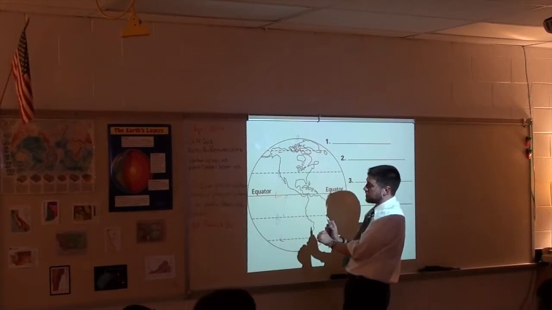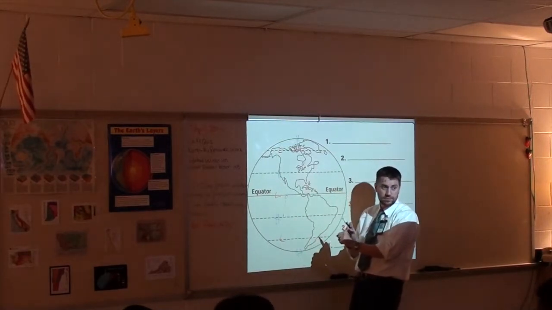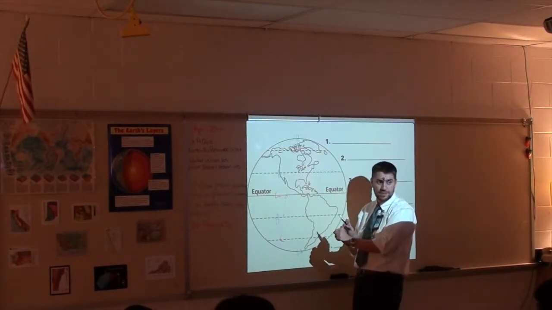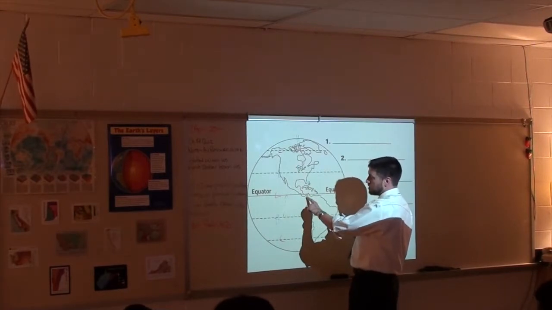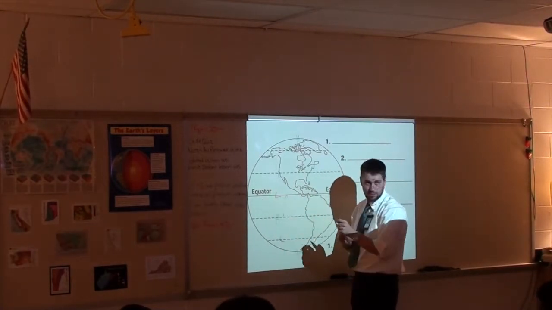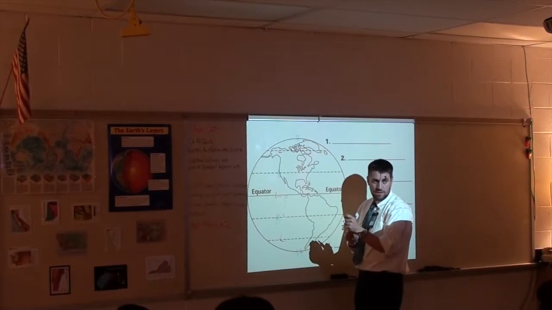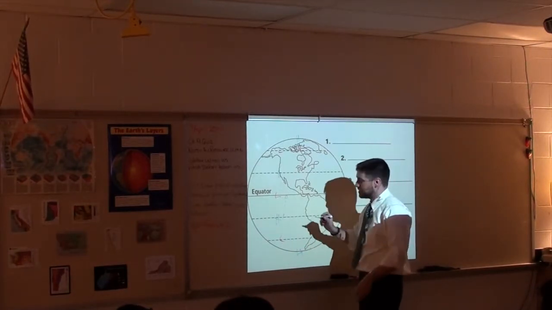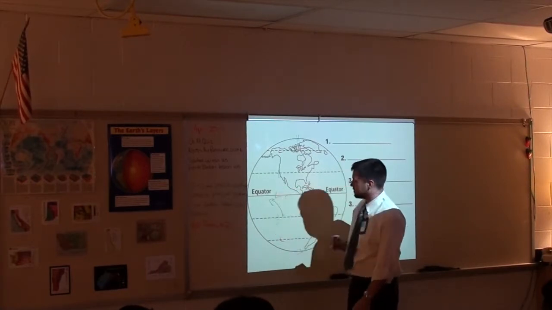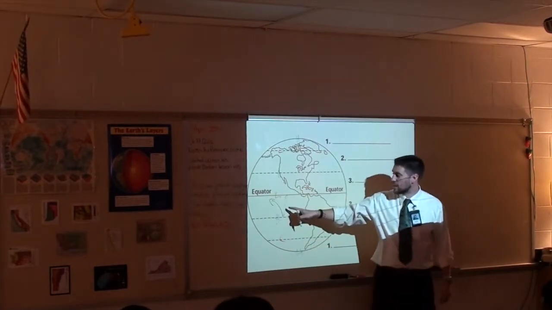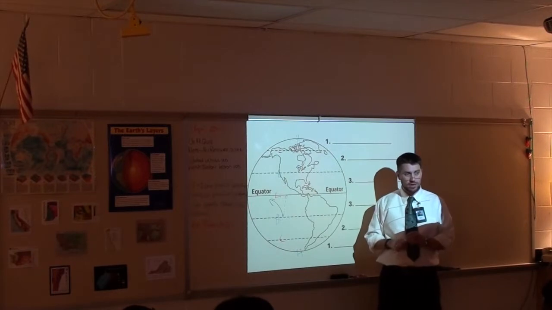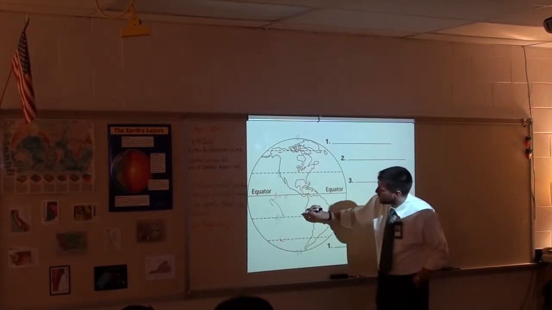If it's being deflected to the left, is the wind going to go this way or this way? The wind's going to go that way. That's right. The wind goes this way. That's deflected to the left of this line. Okay? So you can even draw these in.